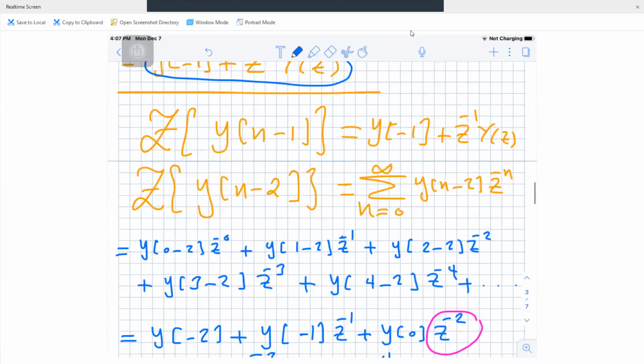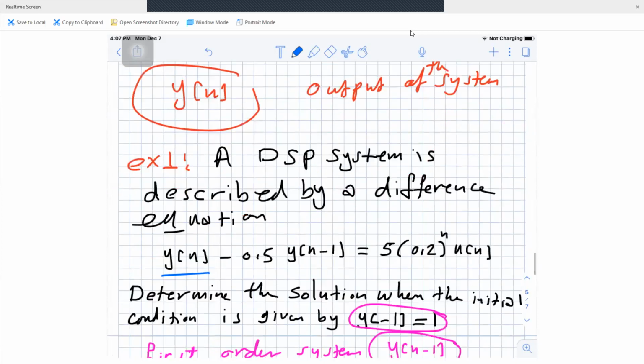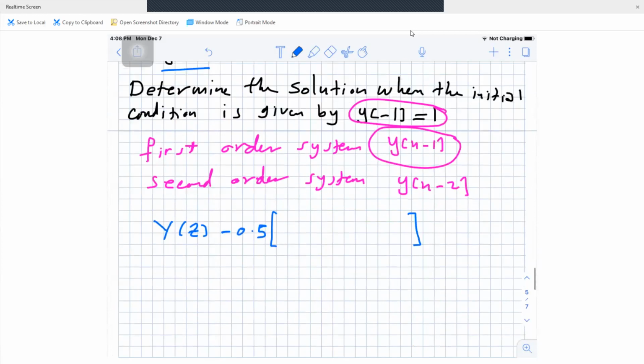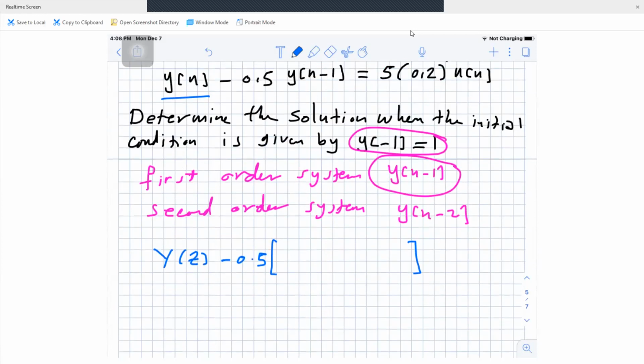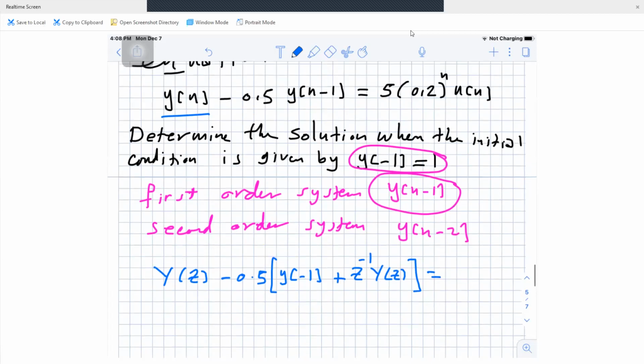So instead of y of n minus 1, the Z transformation for y of n minus 1, minus 0.5 multiplied by y of minus 1 plus z to minus 1 Y of z, equals the Z transformation for the right hand side. Look, on the right hand side we have 0.2 to power n u of n multiplied by 5. So it will be 5z over z minus 0.2. That's it, no more, no less.